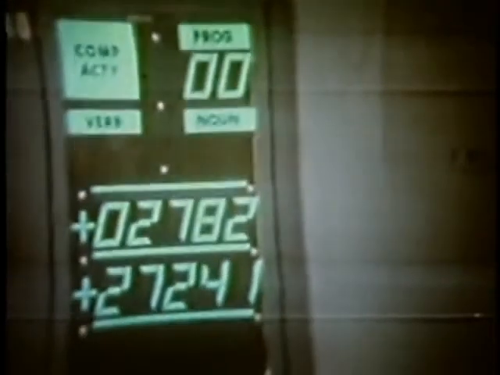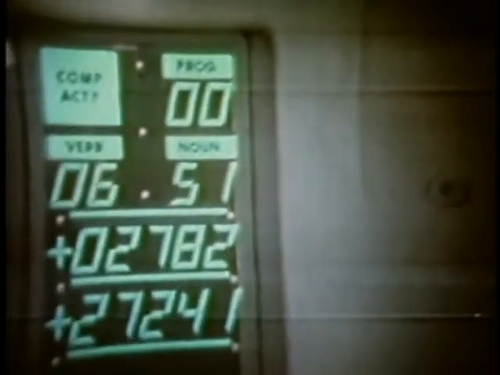Roger, copy, and we see the DSKY flashing with a 651. In fact, we can read registers 1 and 2 quite clearly. Yeah, the old high gain angles telling us which way the Earth is. Copy. That's a beautiful picture. Clarity is outstanding.